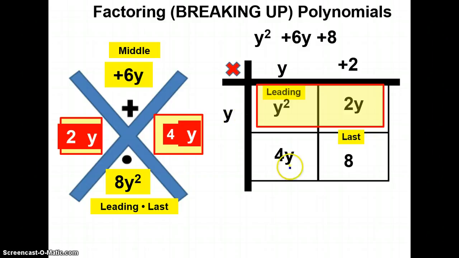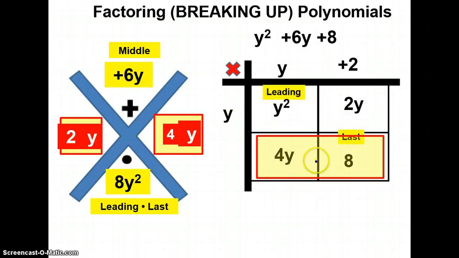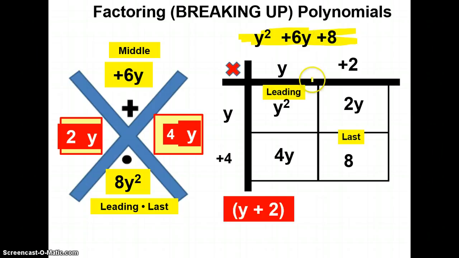Y. And these two, what do they have a multiple in common? What could I divide out of 4 and 8? Awesome, great. So we've factored this polynomial into two pieces, y plus 2 and y plus 4.